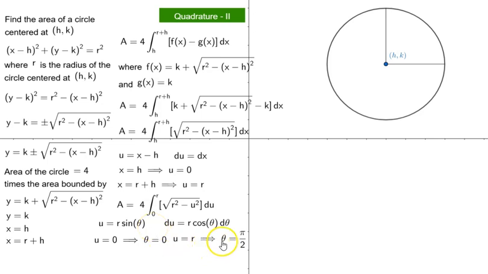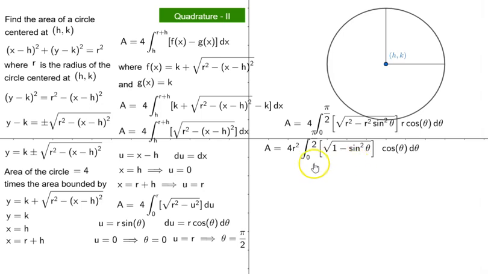And we know in that case, theta is equal to pi by 2. After substituting, we have area is equal to 4 times the integral from 0 to pi by 2 of square root of r square minus the square of r sine theta, du is r cos theta d theta.